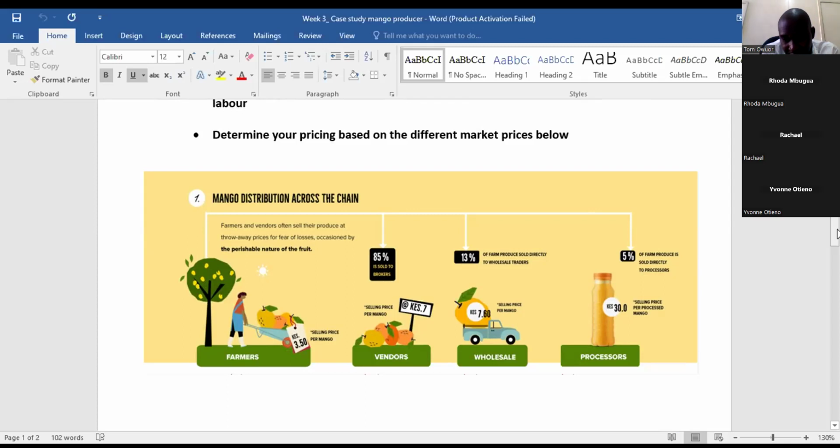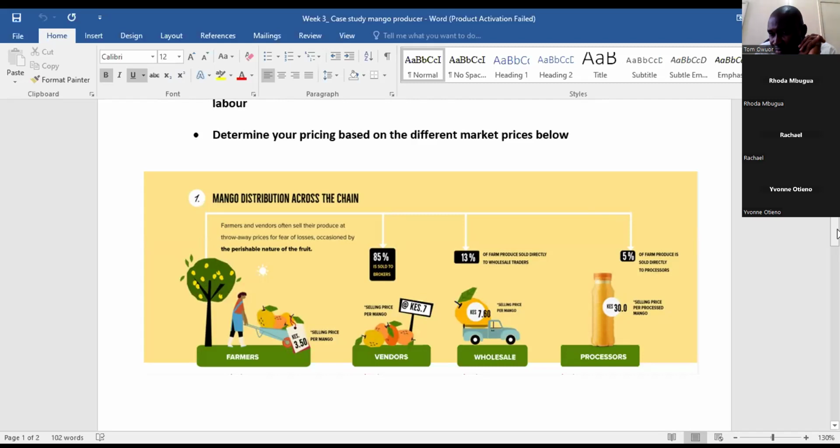The selling price per processed mango is 30 shillings. But they don't tell us how much they sell to the processors, because I think this 30 shillings is the price of the juiced mango. I think it's the juice bottle that's going for that price.